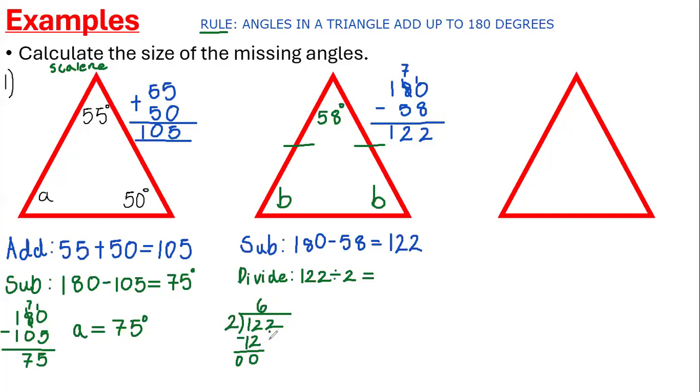Bring down the 2. How many times does 2 go into 2? Once. 2 times 1 is 2. 2 minus 2 is 0. So the answer is what? The answer is 61. Very good, 61.